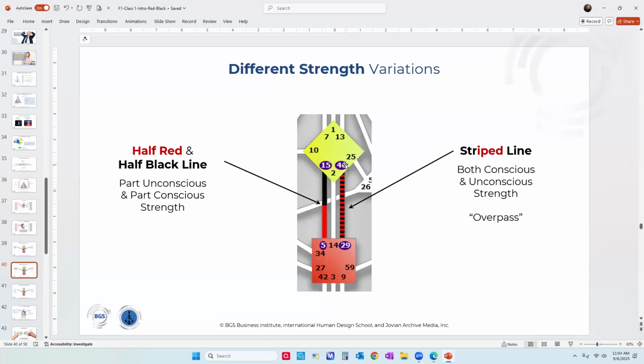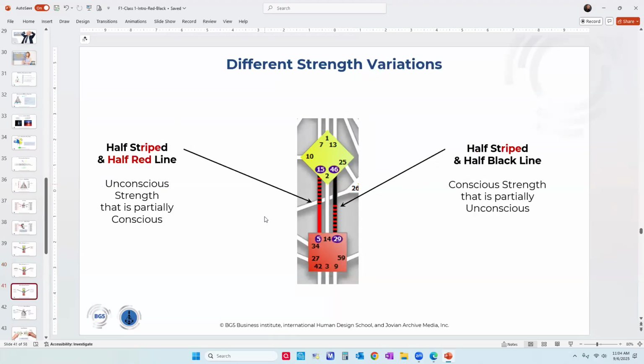I have the 46, which often can feel like serendipity of being in the right place at the right time, but it is more than that. There is a preparation behind it from my other strengths and other parts of my design that are coming into play, getting me ready to be in the right place at the right time. So again, all these different configurations.